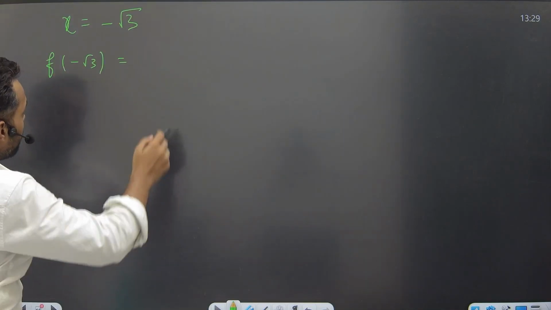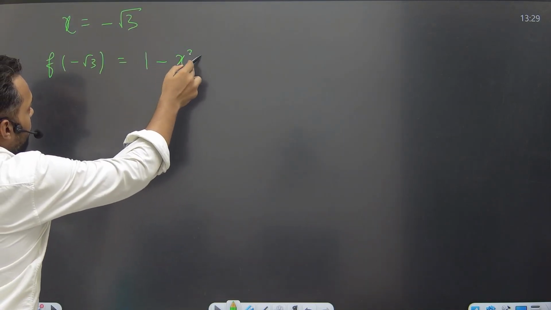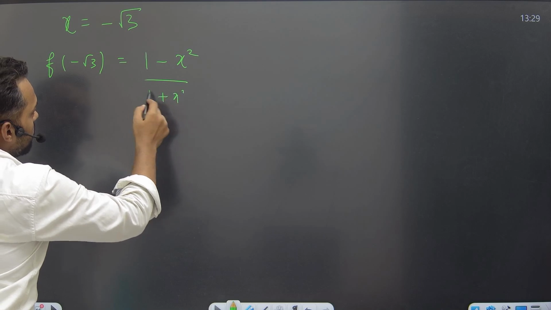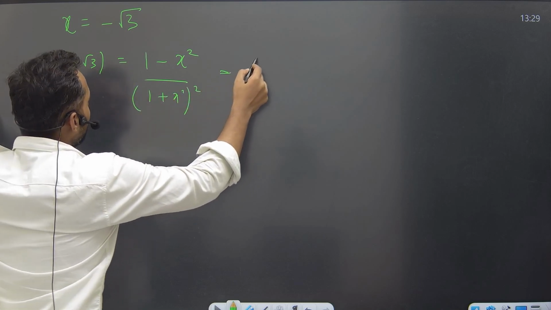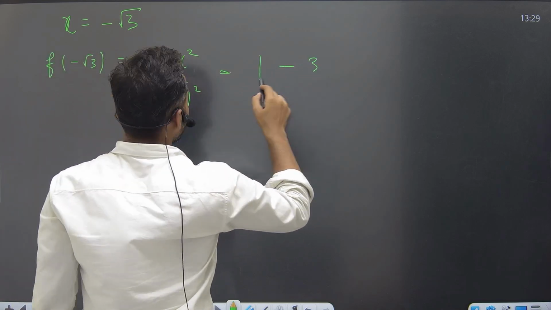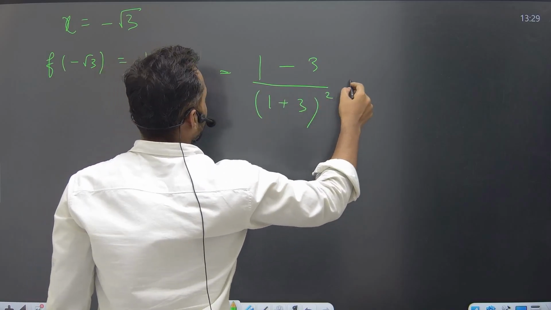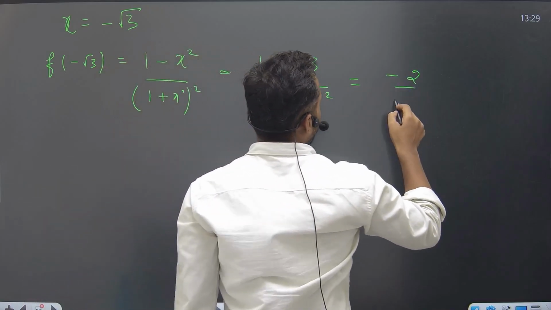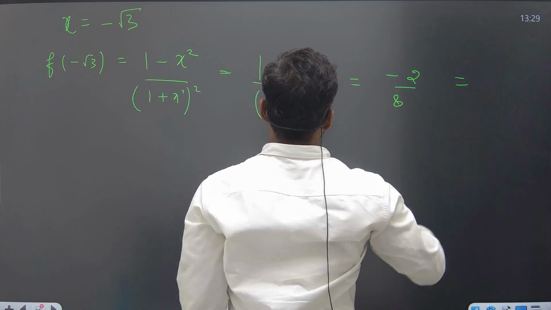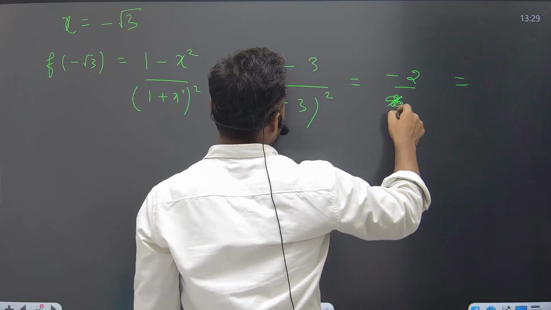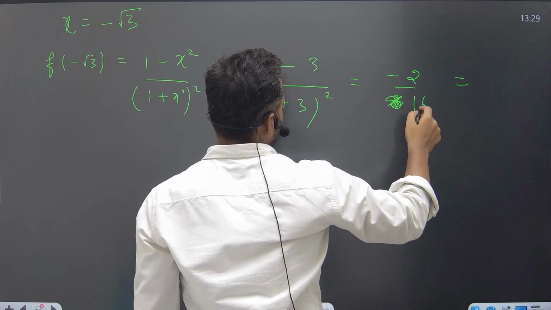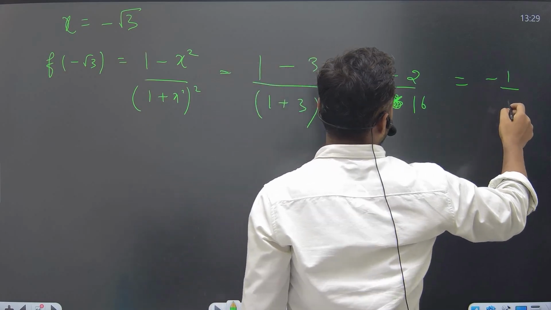So it will be (1 minus x squared) upon (1 plus x squared) raised to the power 2. So you will be plugging in the value, so you will get (1 minus 3) upon (1 plus 3) squared, that equals minus 2 by 16, sorry, 16. So it will be minus 1 by 8.